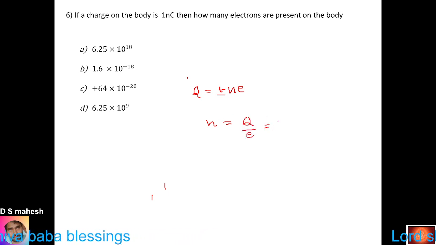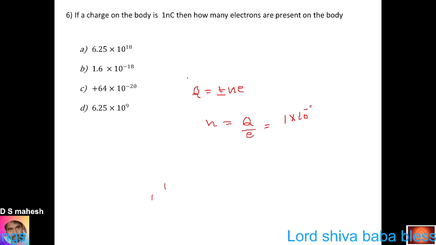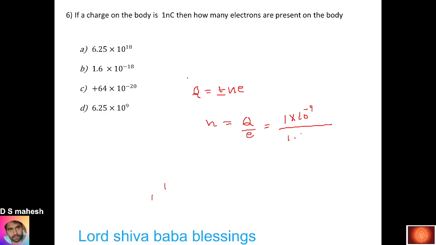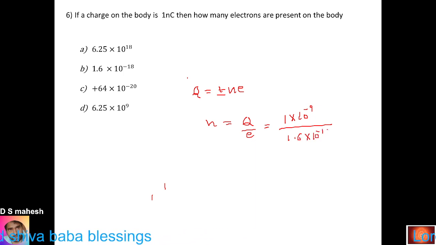So Q is 1 into 10 to the power of minus 9 divided by, so electron is 1.6 into 10 to the power of minus 19.